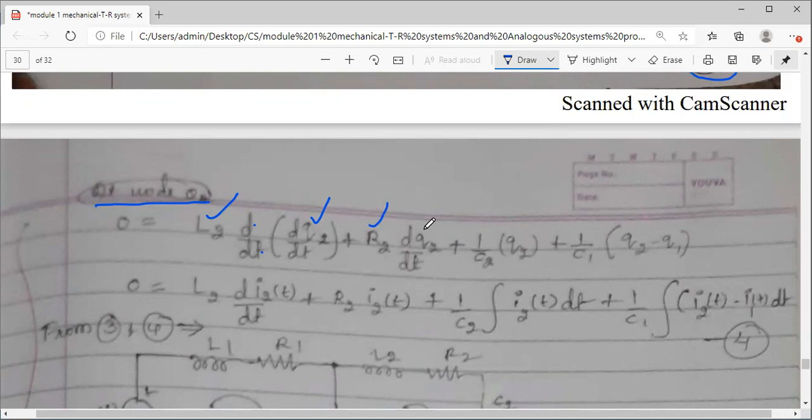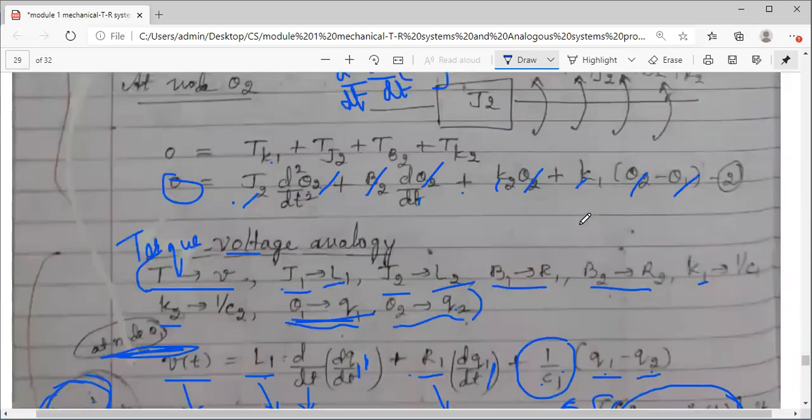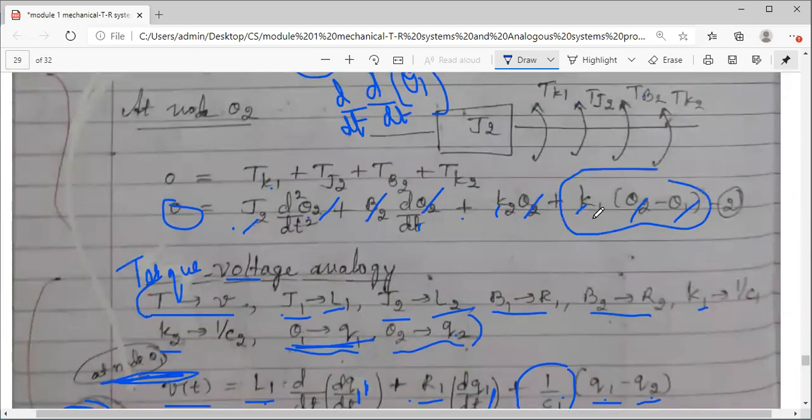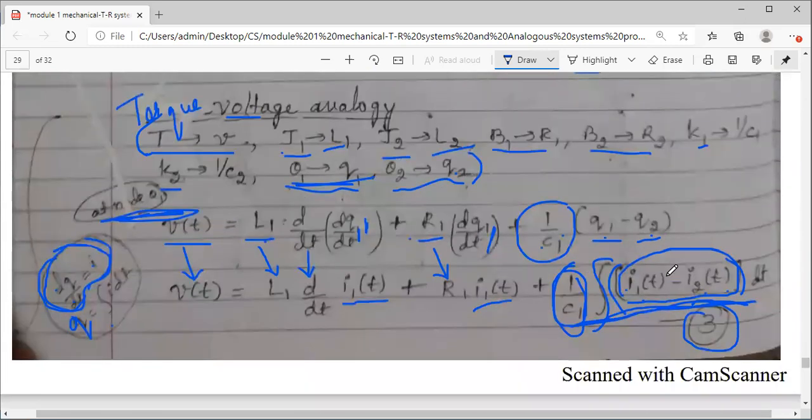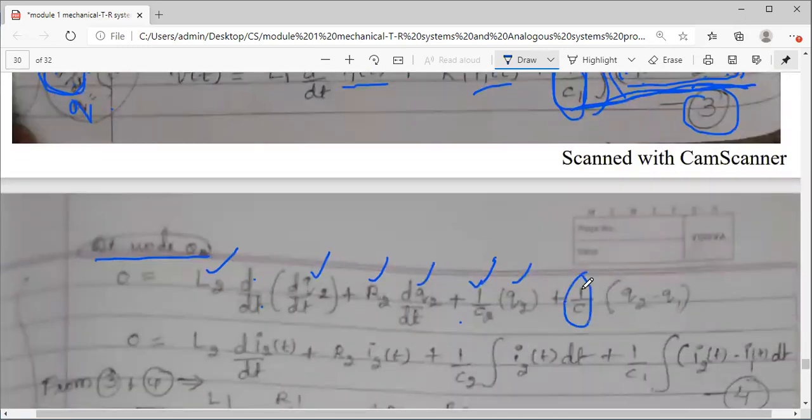D by dt of theta 2 is replaced with Q2, plus K2 is replaced with 1 by C2, and theta 2 is Q2, plus you have K1, a shared element, at the end. Let me just confirm. Yes, you have a shared element K1 theta 1 minus theta 2. So K1 is replaced with 1 by C1, and theta 2 minus theta 1 is Q2 minus Q1. So I have replaced all the analogous quantities.